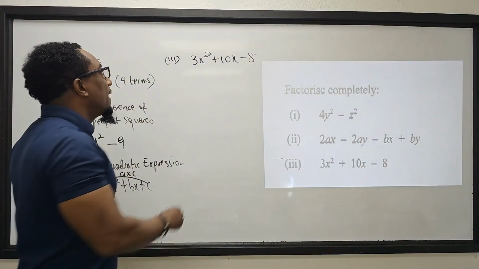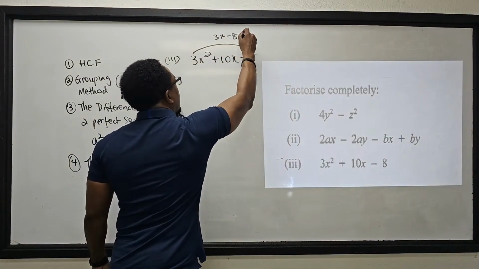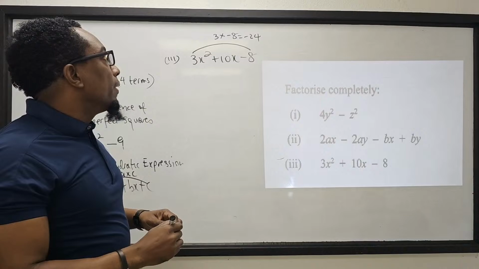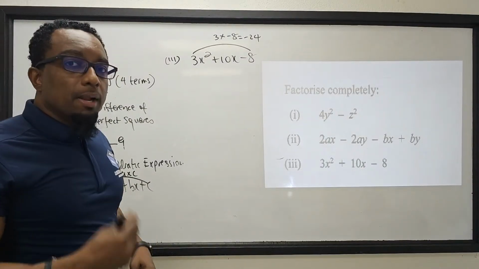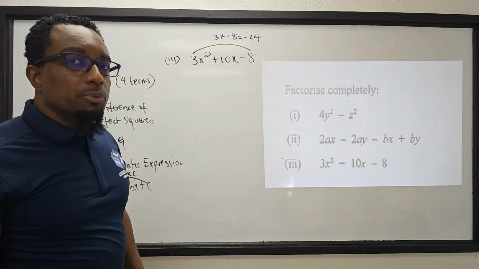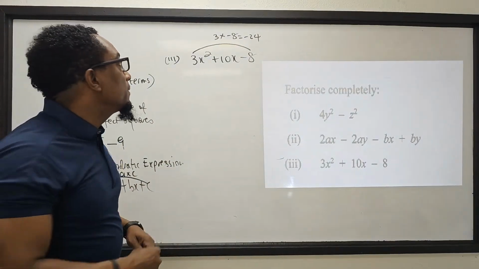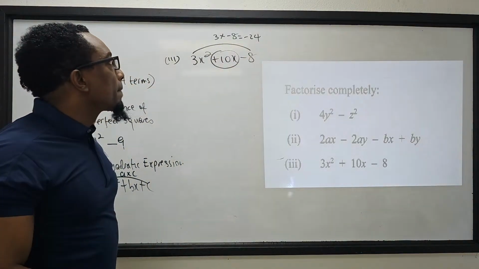So we're going to multiply 3 by negative 8, which is negative 24. And two factors of negative 24, when multiplied, will give you negative 24. But when added or subtracted, can help you to get your middle term, plus 10x.